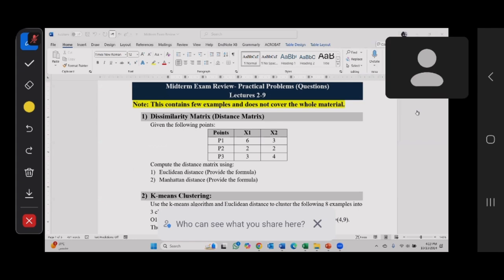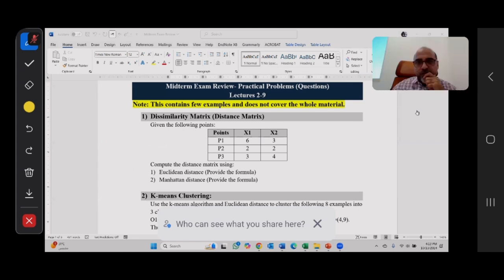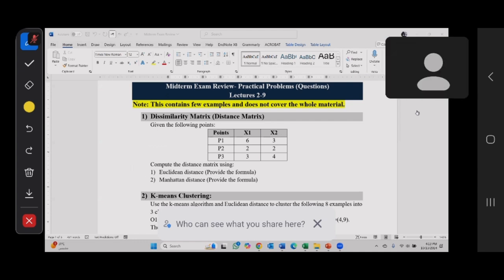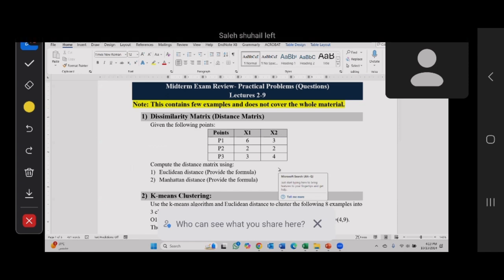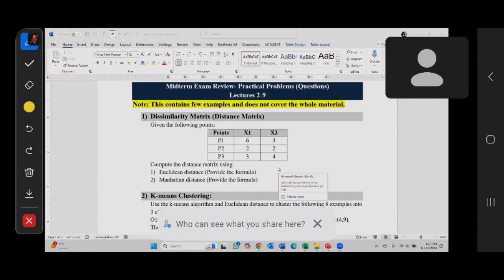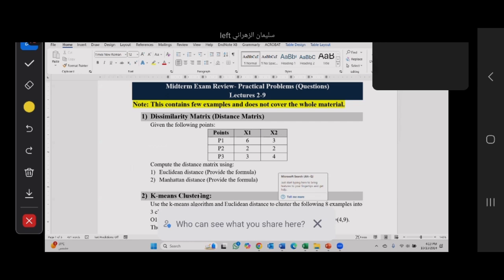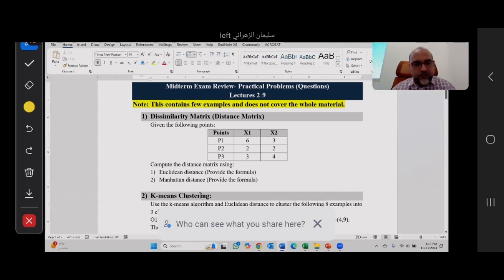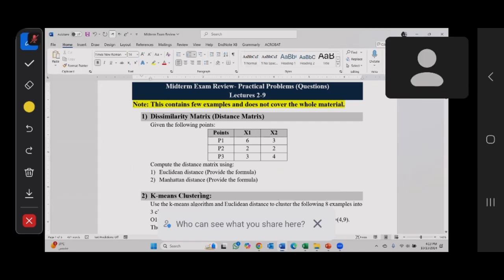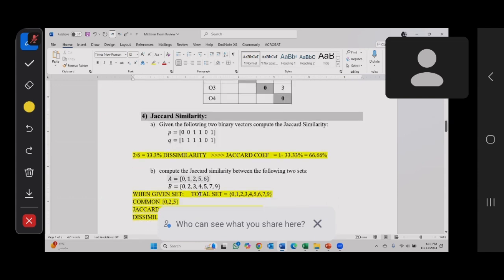If you do not have any other question, we can stop now. Doctor, if I did not understand this question, can you and I have a session? Which question are you talking about? The question that we did not take here.